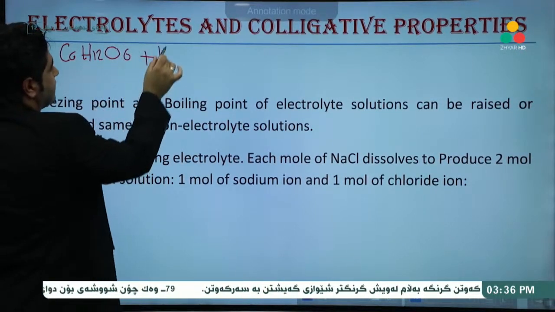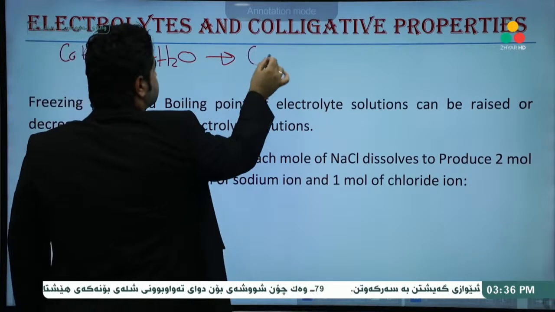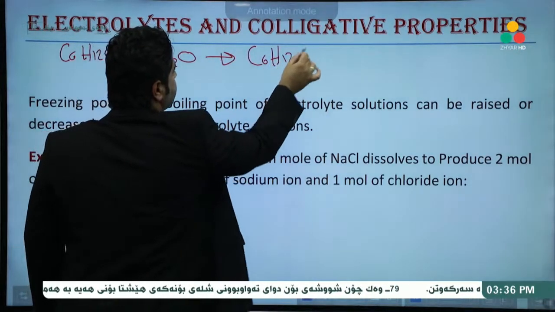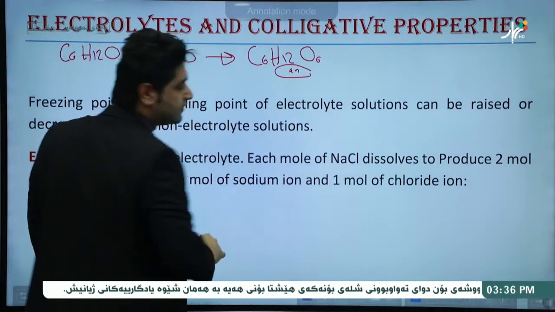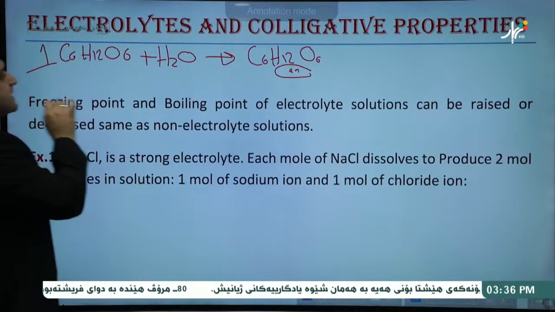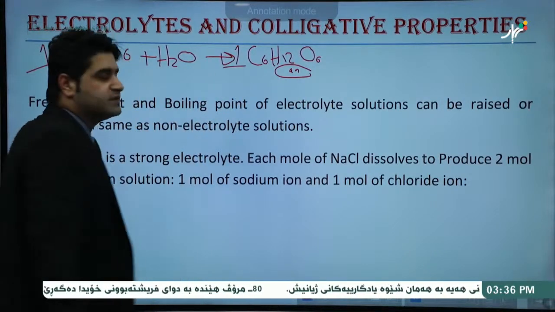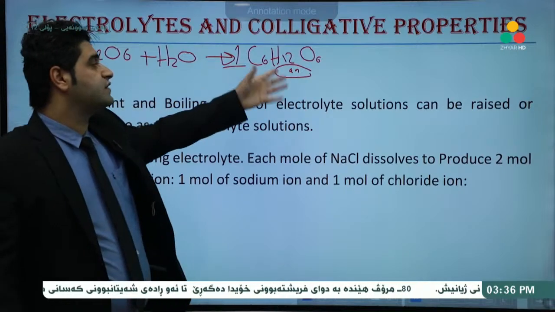When we put the sugar into water, we will get C6H12O6 aqueous. It dissolves in water. For dissolving 1 mole of non-electrolyte, we will get 1 mole of dissolved particles. So they're just going to be dissolved molecules.